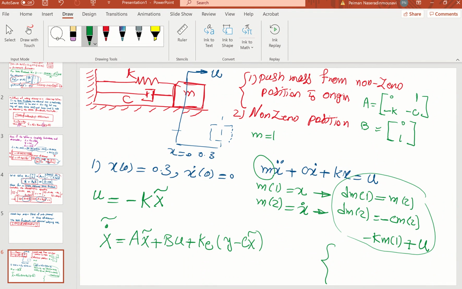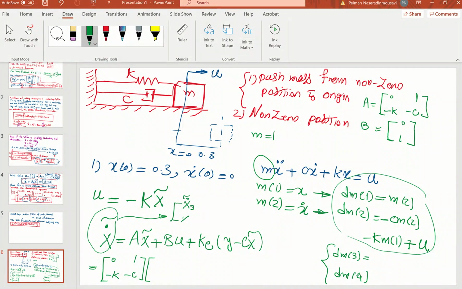0 and 1. So this is equal to, I'm going to write like this: 0, 1, minus k, minus c in estimated. I'm saying dm3 is dm4. dm3 means, look at here, this can be written as x hat dot 3, x hat dot 4.